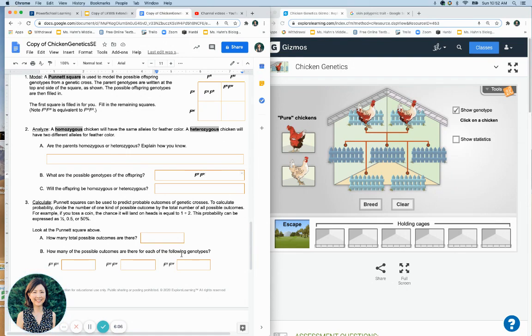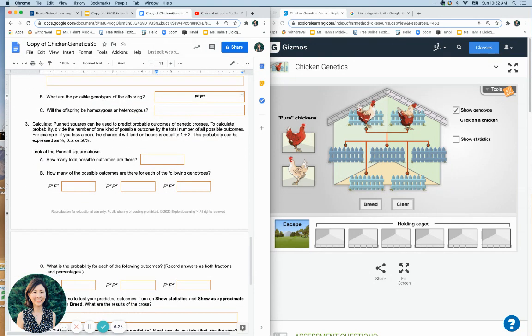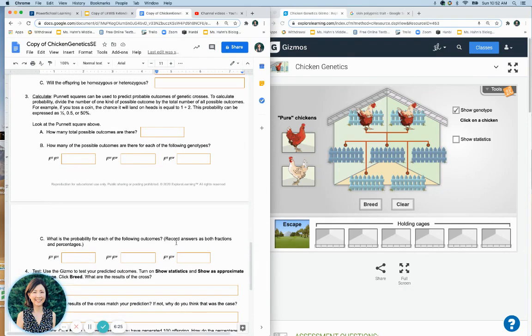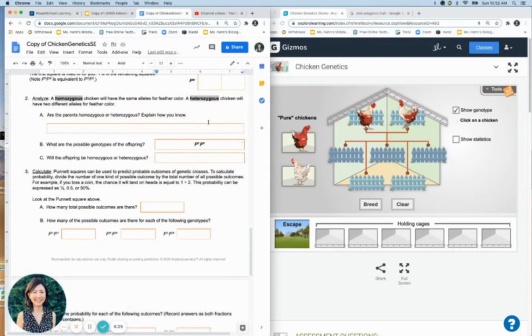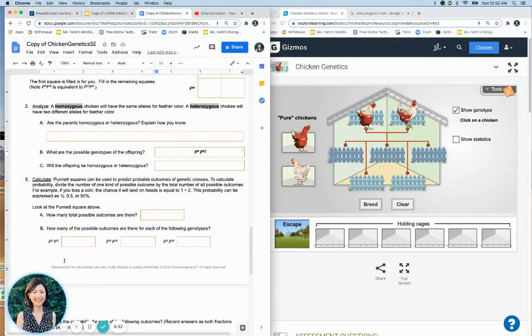And then how many of them are going to be F big R, F big R, F big W, F big W, and F big R, F big W. Okay, and then you're going to put the probability. So let's say 2 of them are F big R, F big R. So you can put 2. And if one of them is this and one of them is this, then you'll put those numbers.